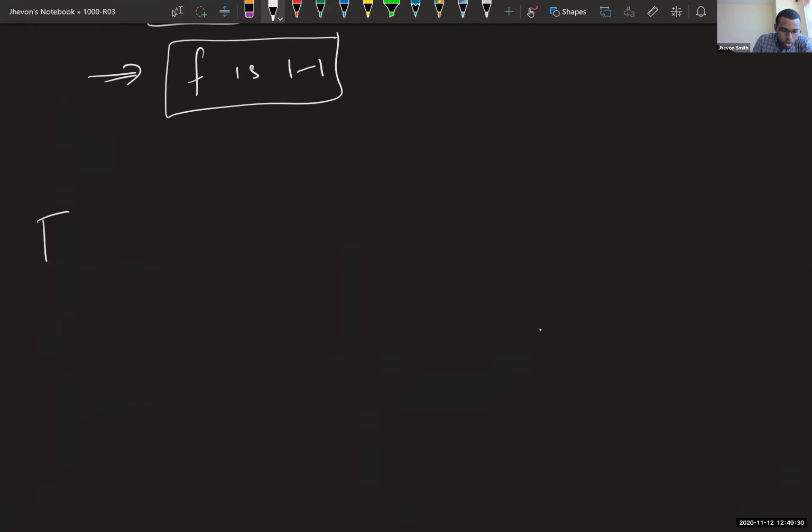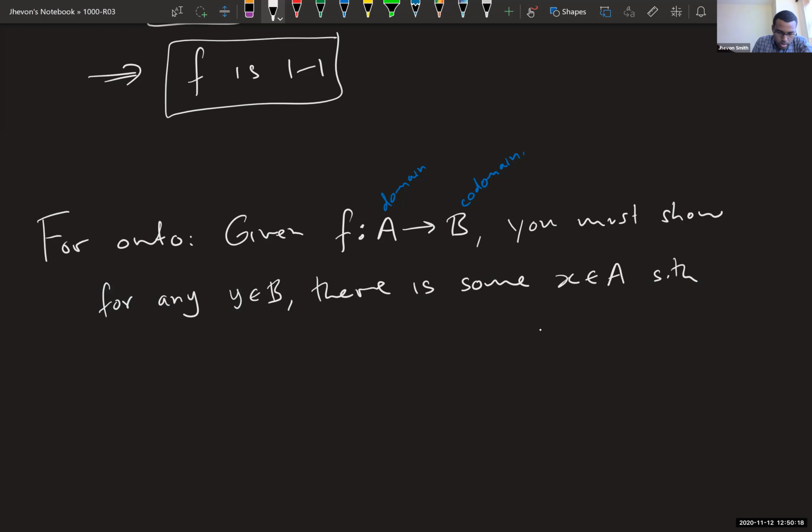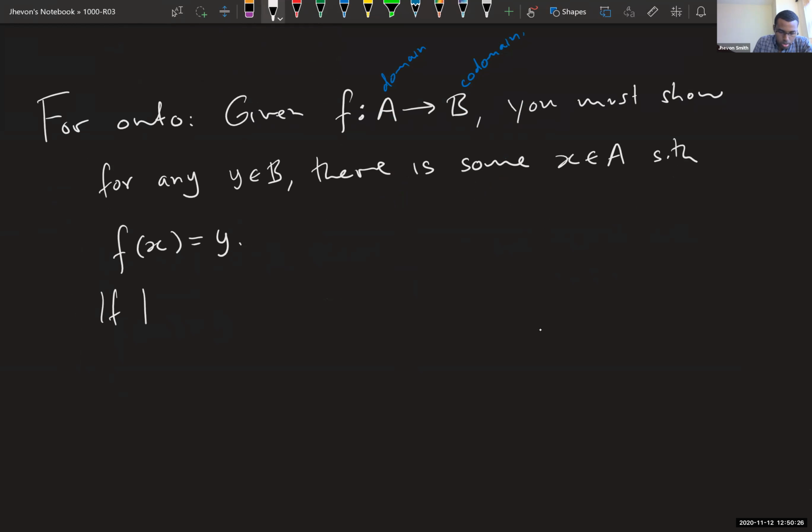So for onto, given a function from A to B, where of course A is your domain and B is your codomain, you must show for any element in B, there is some element in A such that f of x equals that element. If this is impossible, it is not onto.